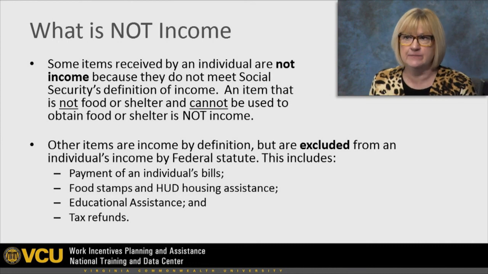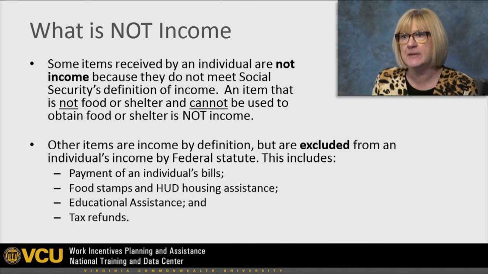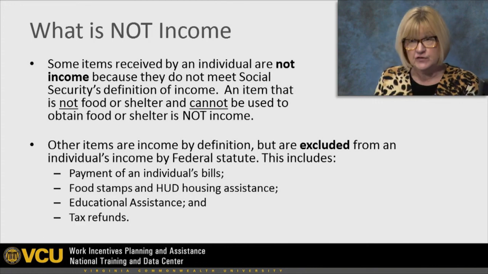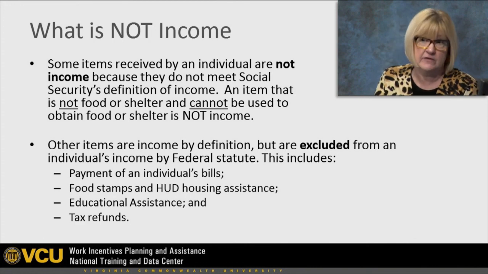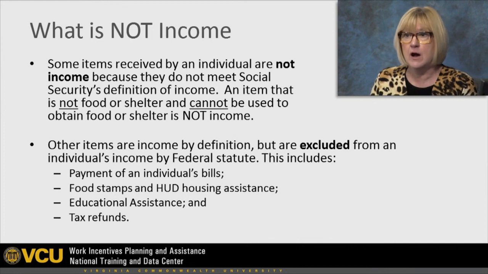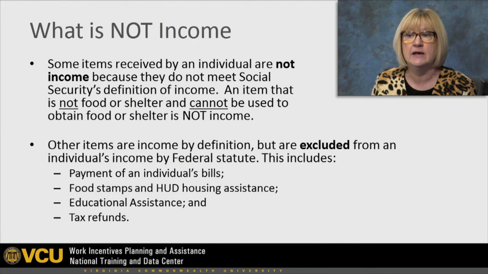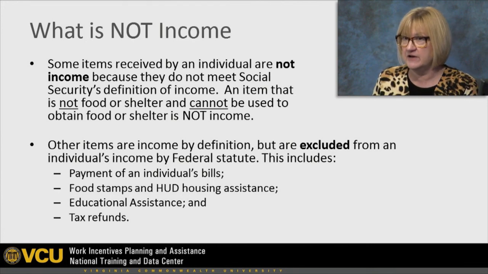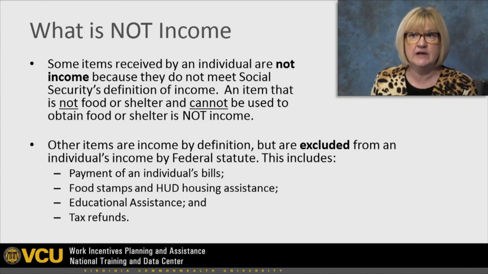Well, some items that an individual receives would not count as income because they don't meet the definition of income that Social Security has prescribed, like an item that is not food or shelter and which cannot be used to obtain food or shelter would not be income. Now, other items might be income by definition, but they're specifically excluded from an individual's income by federal statute.